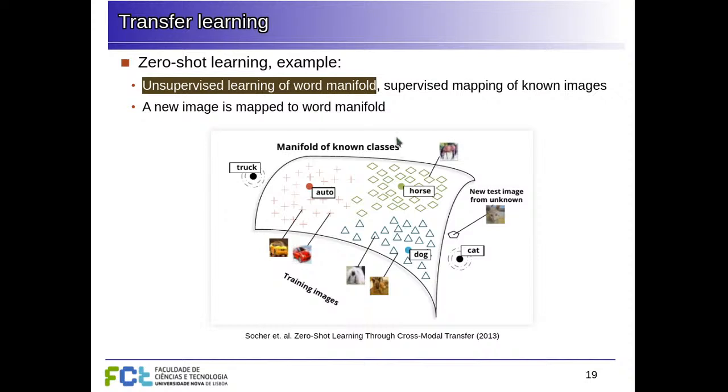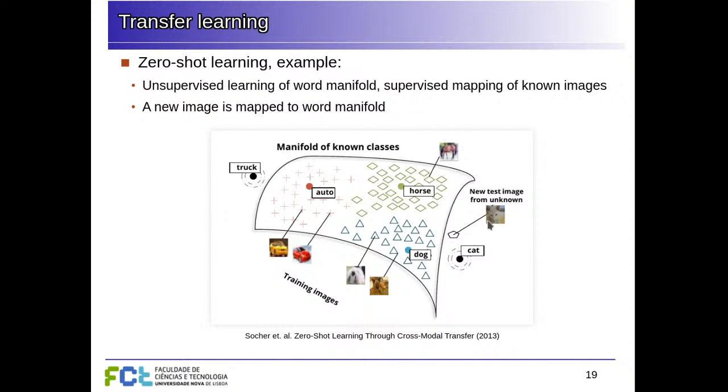And now when we present this trained model with the image of a cat, we already have a projection into the word manifold that is close to the position of cat. And we can find the word corresponding to that image, even though we never trained the model for cat and the association with these kinds of images. So this is an example of transferring from what was learned in different data sets into new data and even new categories, so to speak, that were never found before.